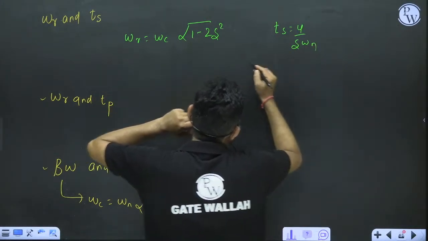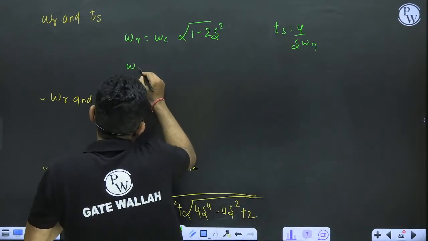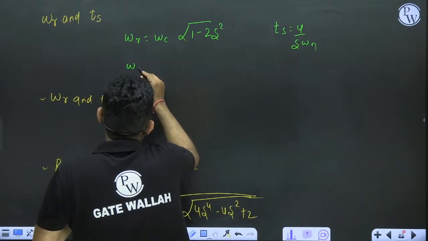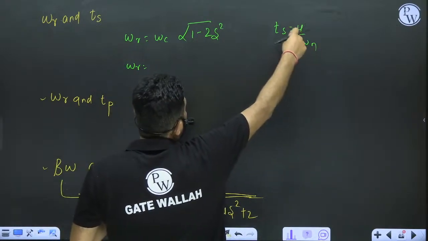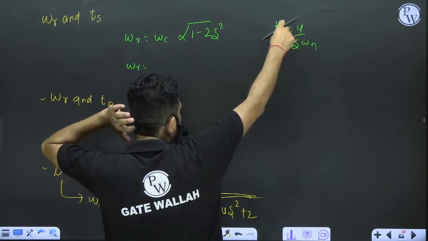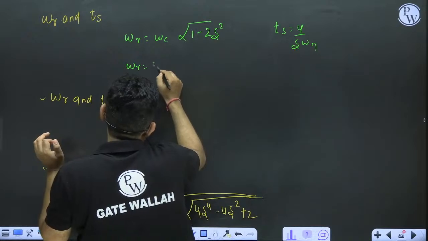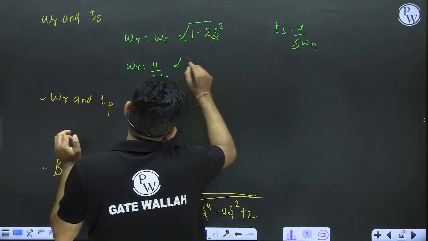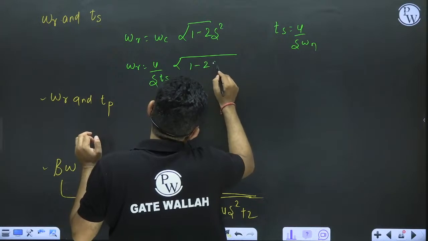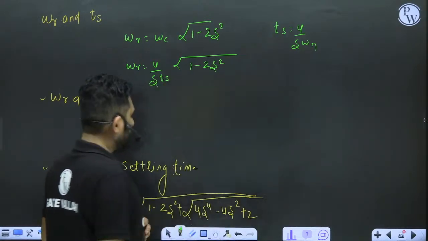This means that omega r can also be written as, instead of omega n we put 4 by zeta ts, root of 1 minus 2 zeta square.